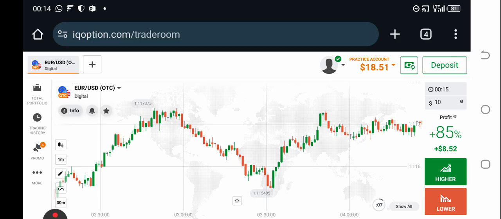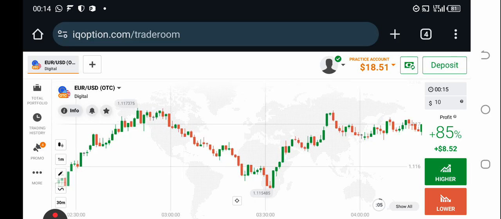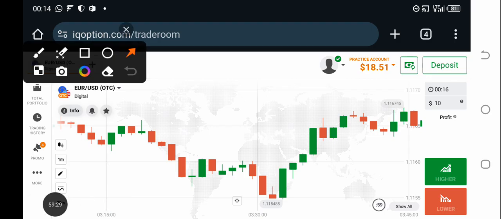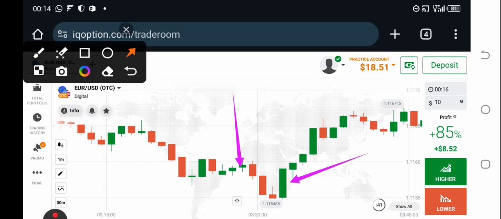So at the end of a particular trading day, let's say this is a daily chart, the candle may close as a bullish Marubozu candlestick. At the end of the day, the candle may close as a spinning top candle.